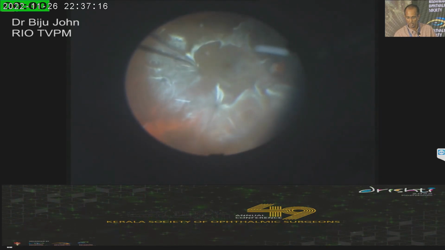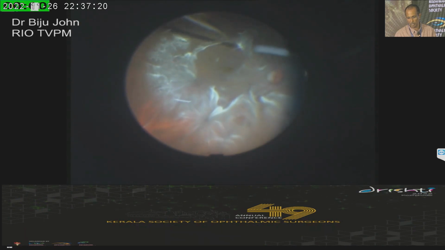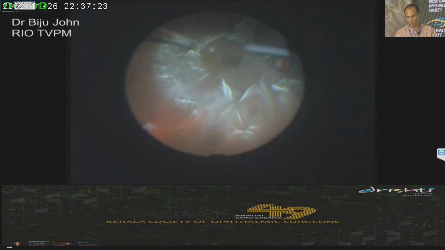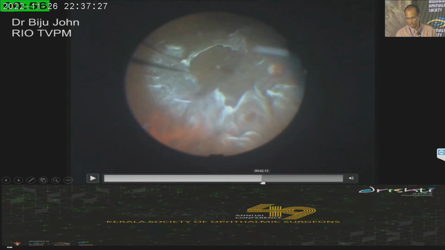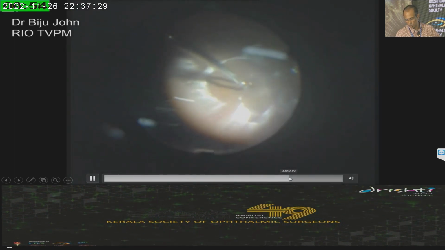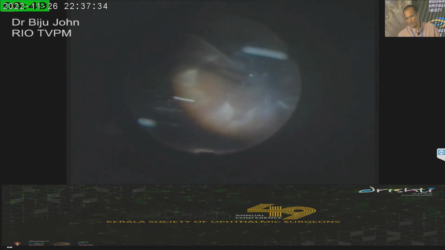That is another membrane. In this area you can see that the hyaloid is actually attached to the ERM, and along with that hyaloid, the ERM also is coming off.